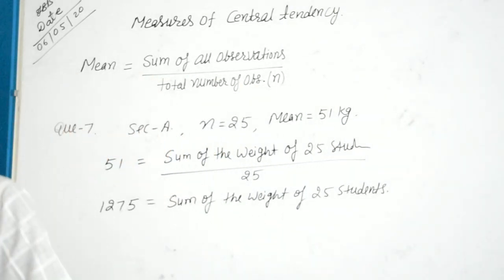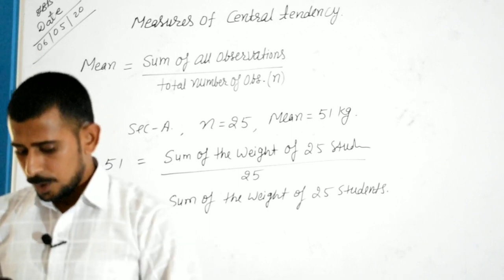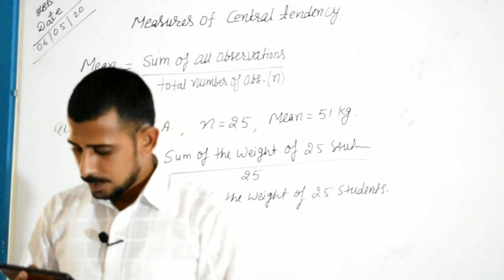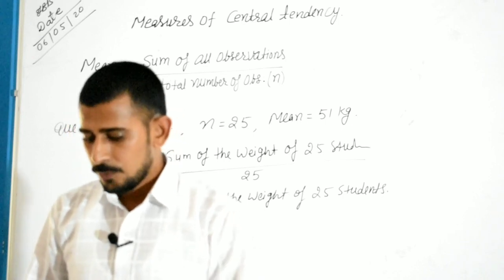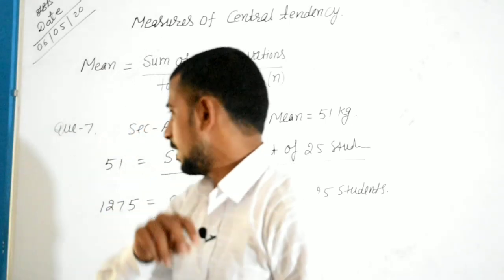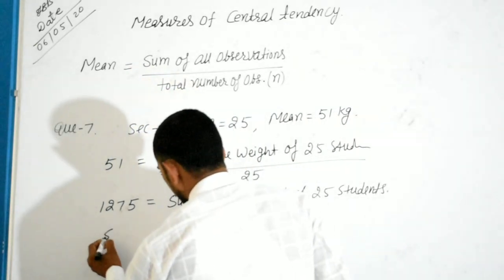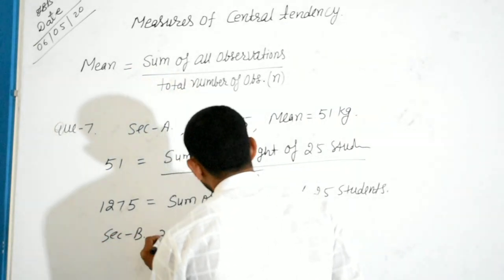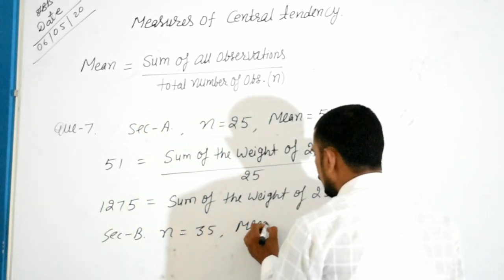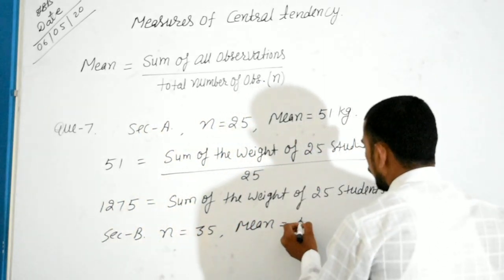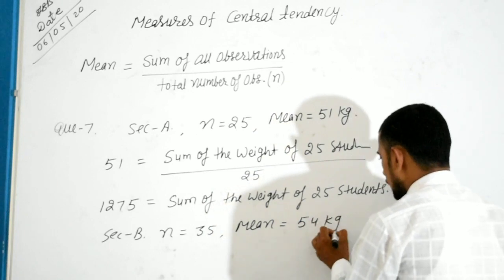Okay, now whereas in section B, the average weight of 35 students is 54 kg. The second section is section B. In section B, the number of students is 35 and the average or mean weight is equal to 54 kg.